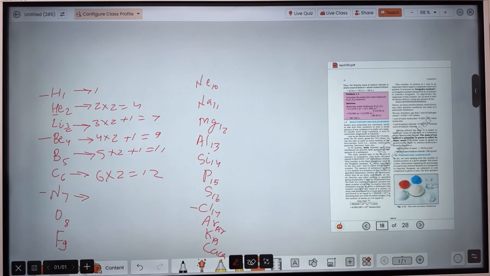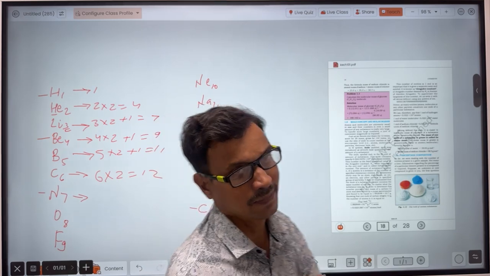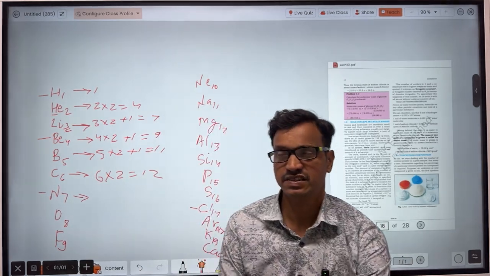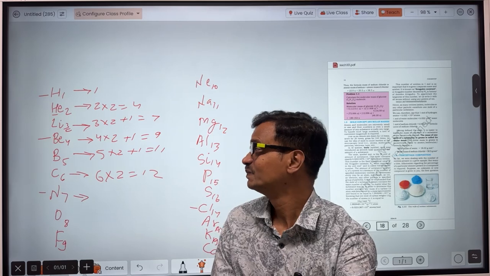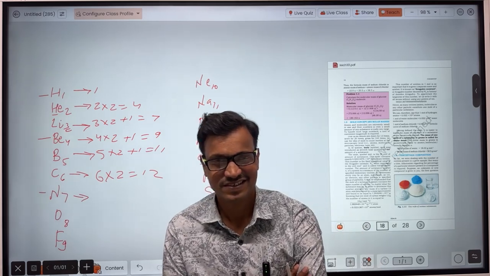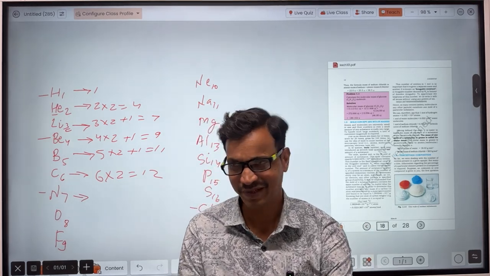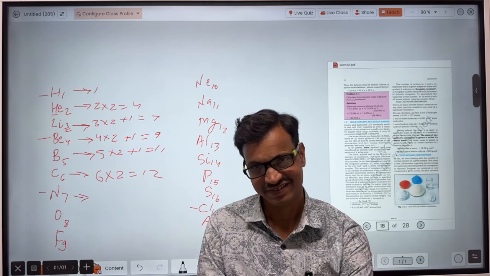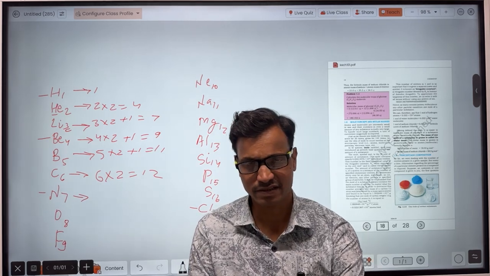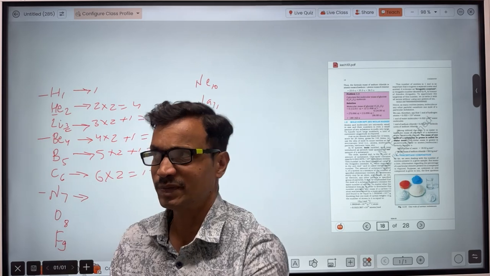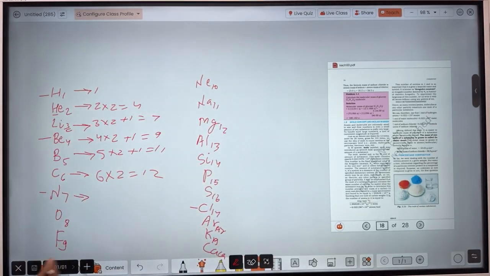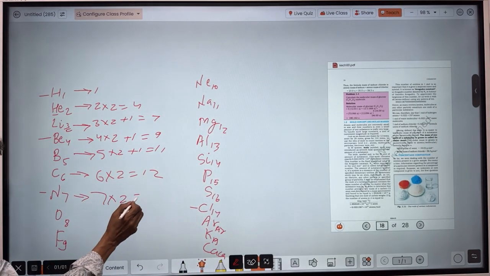Nitrogen: the atomic number of nitrogen is 7, and 7 is an odd number, so its atomic weight would be 7 into 2 plus 1, but here it's an exception. That is not the concept, I am telling you this by technique only, how to keep it in mind. So its atomic weight will be simply 7 into 2 only.